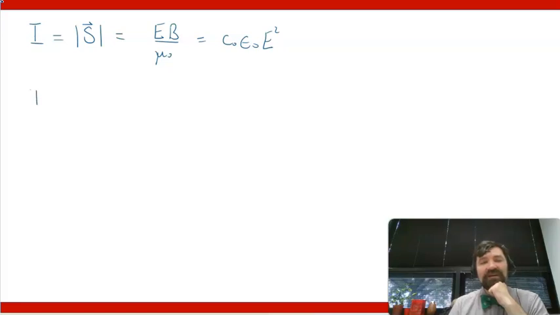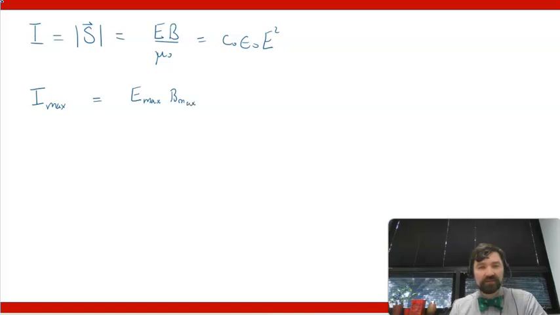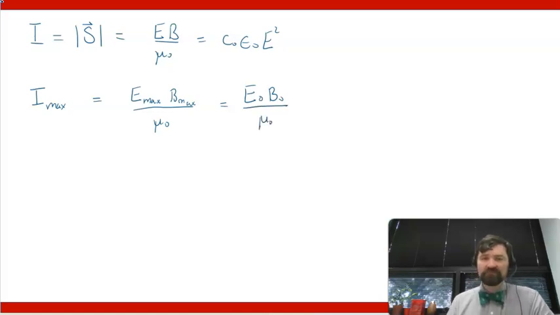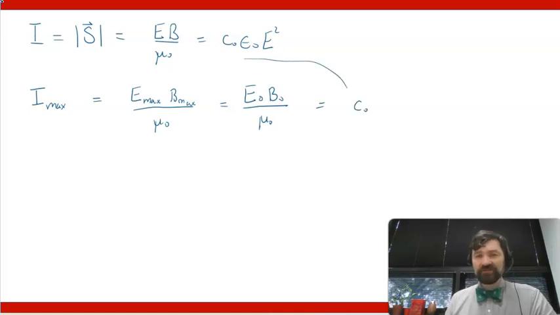So the maximum intensity, or peak intensity, should look like E max times B max over mu naught. Or in terms of the notation we used in the previous video, E naught B naught over mu naught. We could also write it as C naught epsilon naught E naught squared.